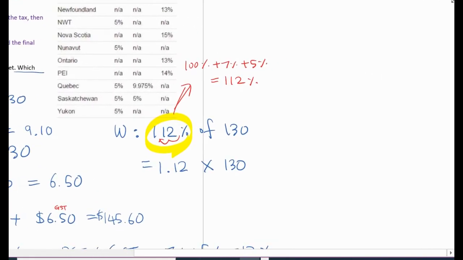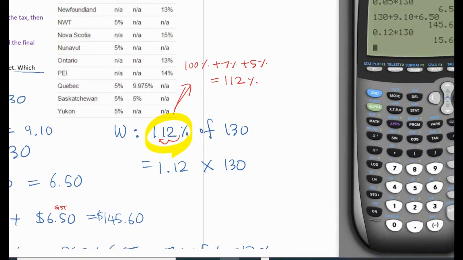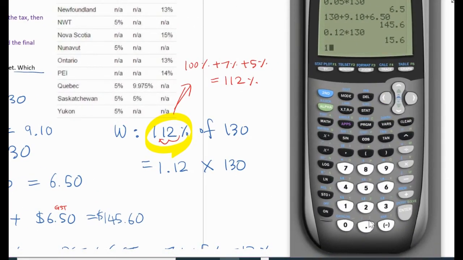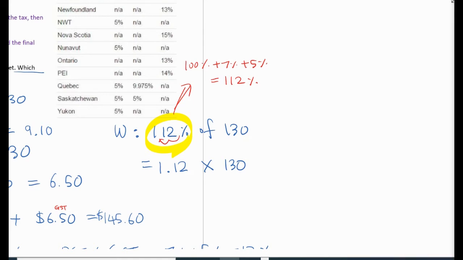Okay, let's do it. Let's use your calculator. 1.12 times 130. 145.6. 145.60.